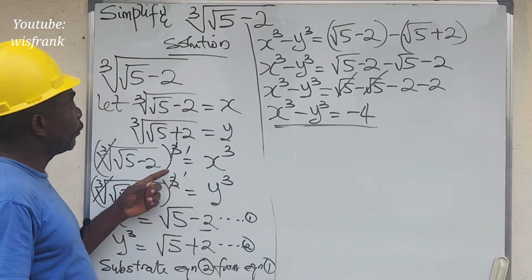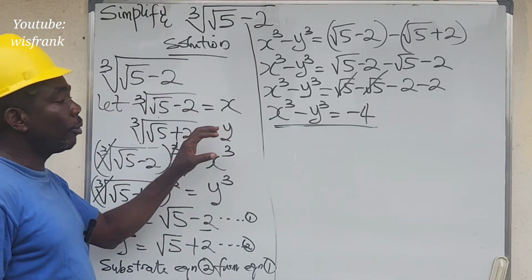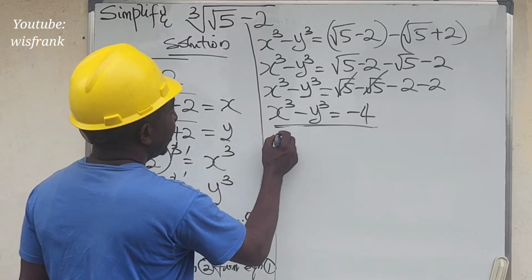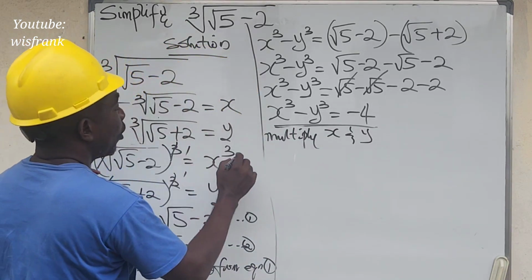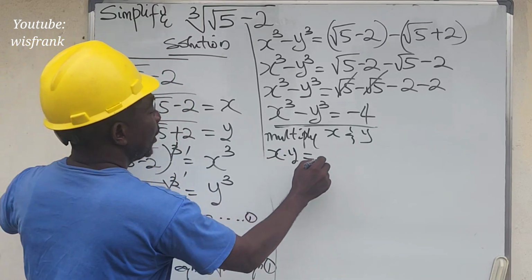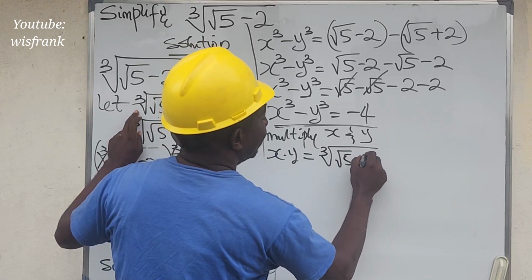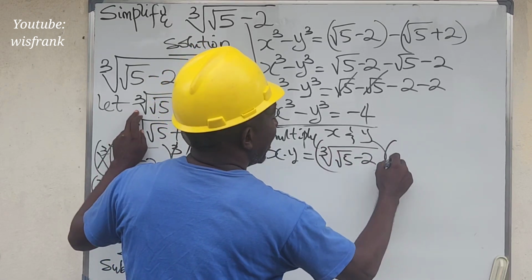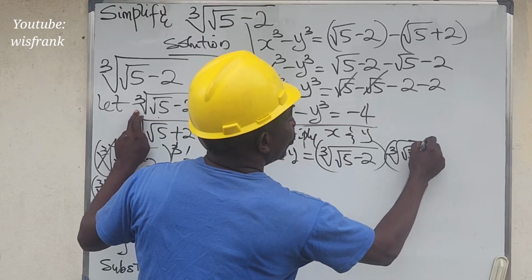The next step is, okay, we have x and y. What we are going to do is multiply the value of x and y. So x times y equals, our x is cube root of square root of 5 minus 2, and we multiply by cube root of square root of 5 plus 2.